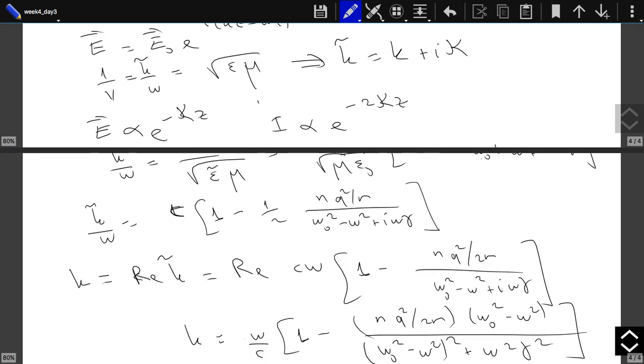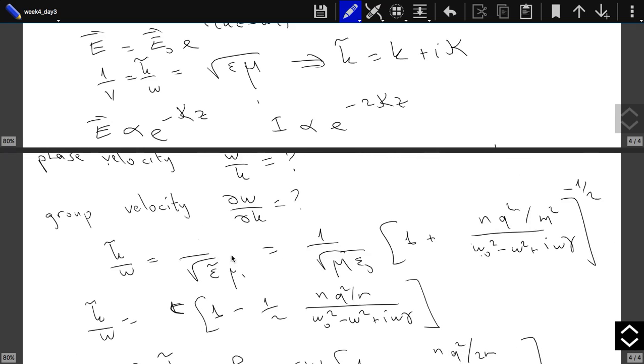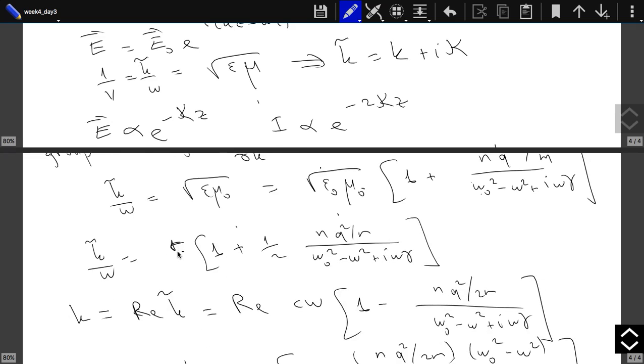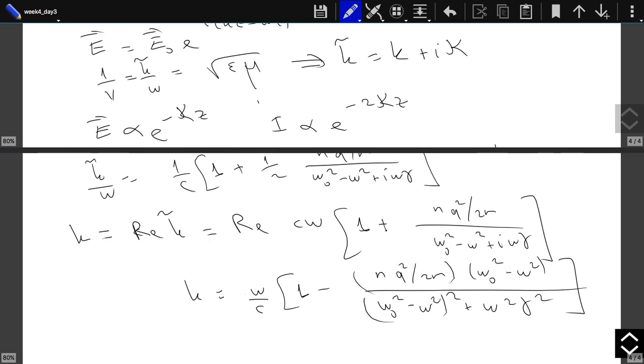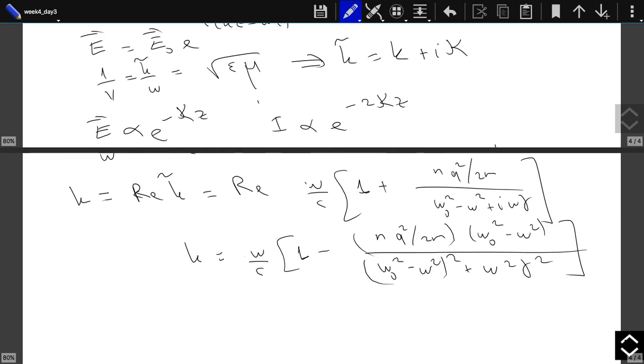So probably my mistake is, now k over omega is 1 over v. 1 over v is square root of epsilon mu. So this is square root of epsilon 0 mu 0, which is 1 over c. This is plus, here I have 1 over c.